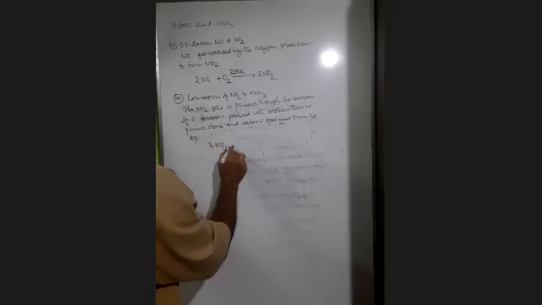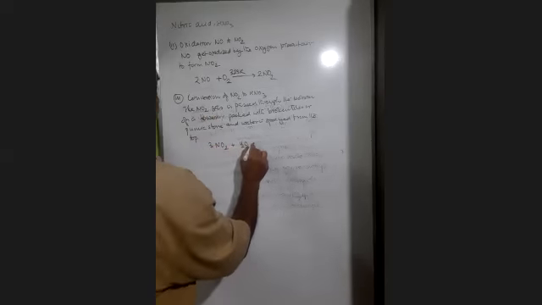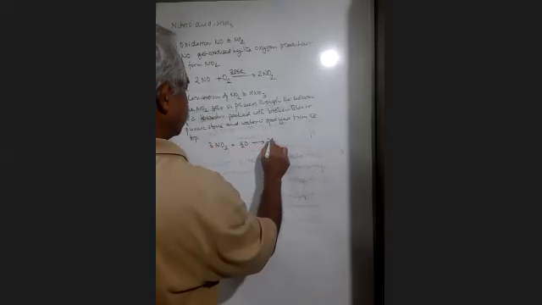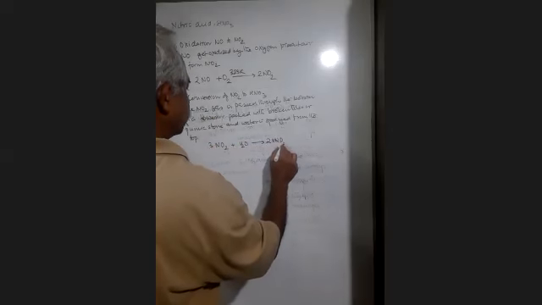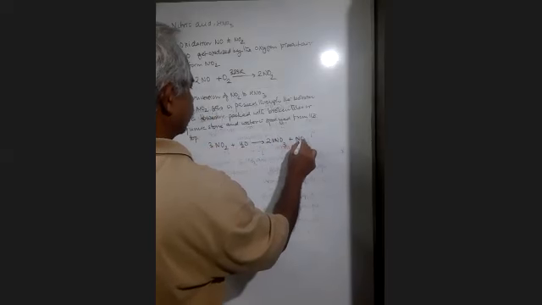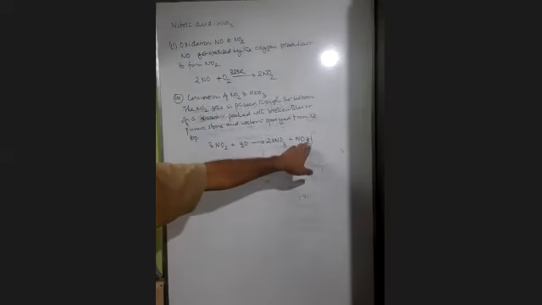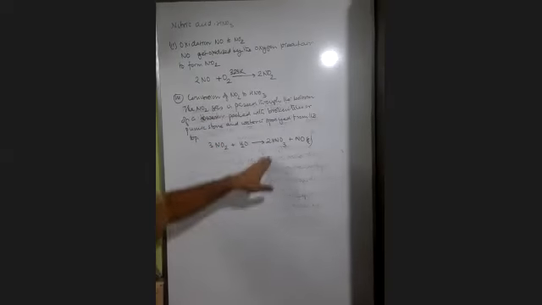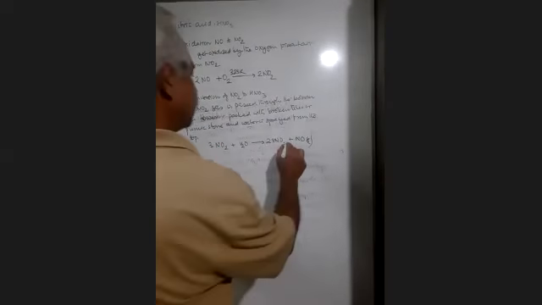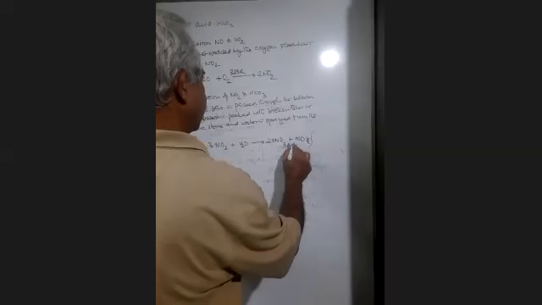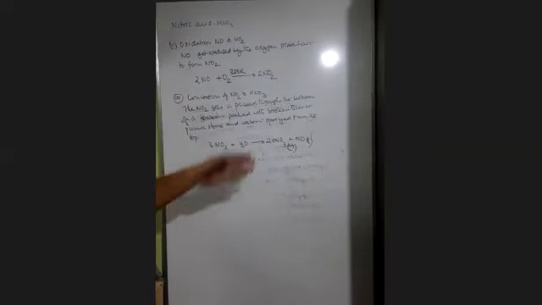Nitrogen dioxide will react with water to give you 2HNO3 plus NO. Nitric oxide gas is not soluble in water. So this nitric oxide gas is taken out, and the nitric acid is obtained in aqueous form. The nitric oxide gas which comes out, we dry it, and again we send to this tower. So it is a continuous process.